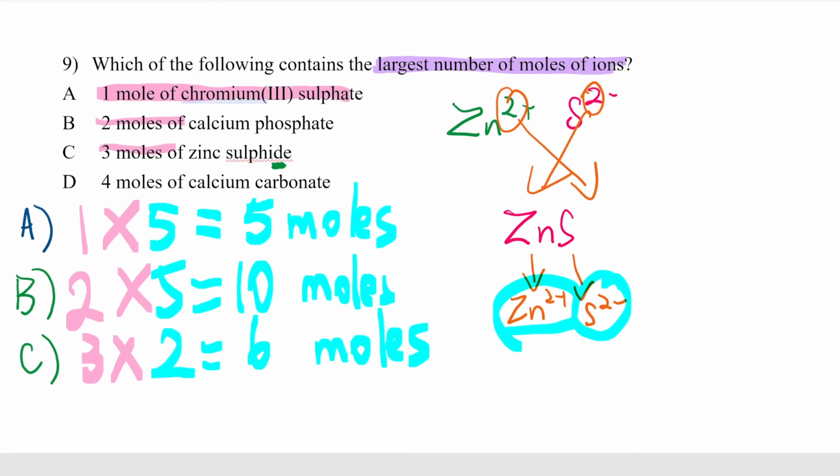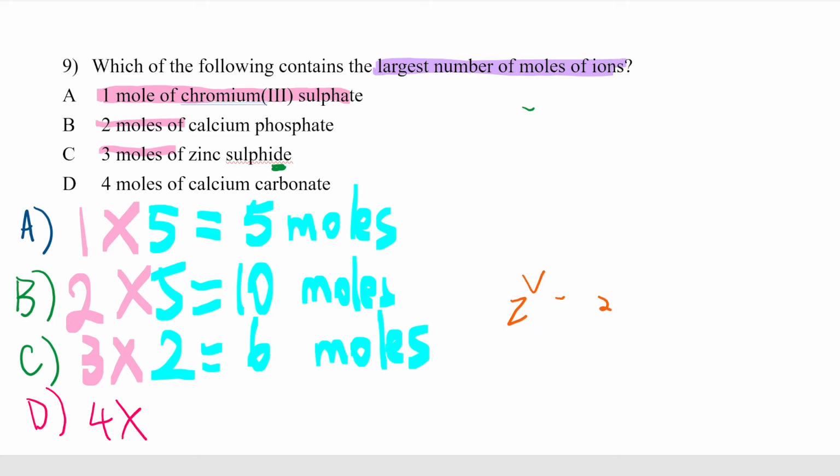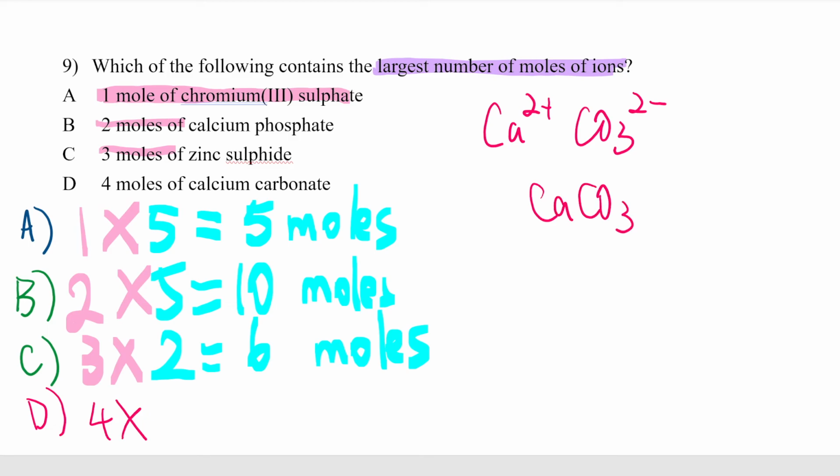And then finally for D here. So 4 times, oh, calcium carbonate. Calcium carbonate, okay, all of you, if you watched the previous video, you already know what calcium carbonate is. So Ca2 plus and CO3 2 minus. I'm not even going to write the cross method, but we know it is CaCO3.